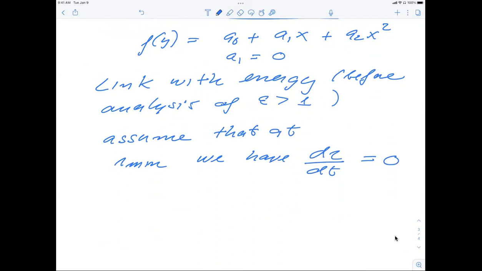Now, what we also have is that the kinetic energy is given by 1/2 of mu, not divided by mu, but multiplied with mu, times R dot squared, plus 1/2 mu times R and phi dot squared. So that's the kinetic energy. So that led to an effective potential.